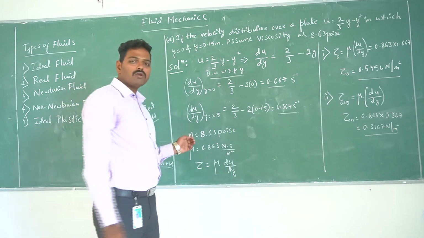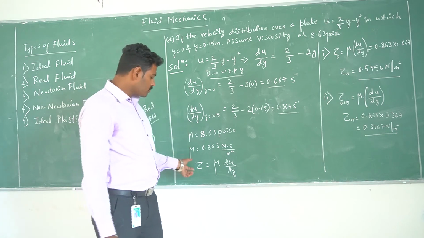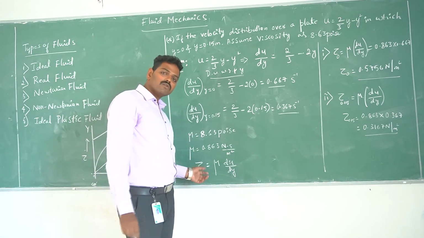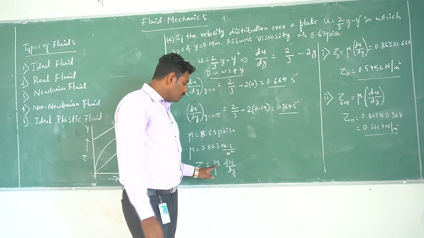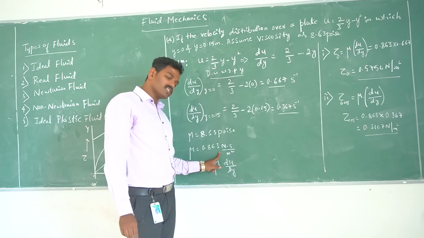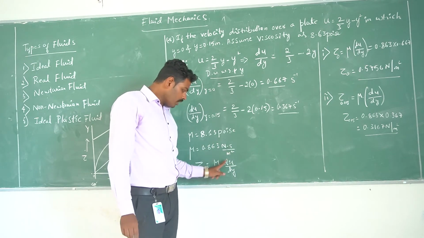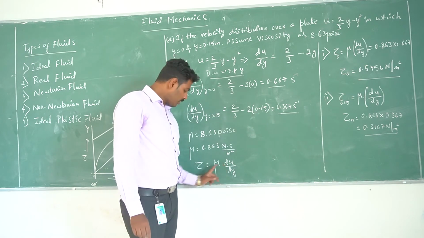But what you have found now is in terms of du by dy. The condition is we have to find the shear stress when y is at 0 and when y is at 0.15. So mu is given, that is 8.63 poise, that will become 0.863 Newton second per meter square, and du by dy in terms of SI unit per second, then we can substitute and find out.